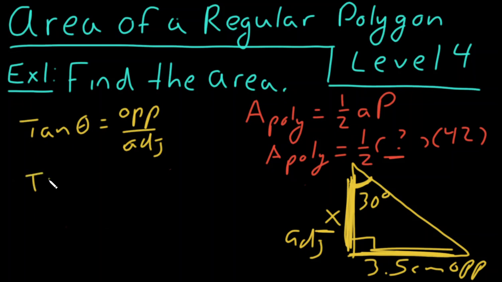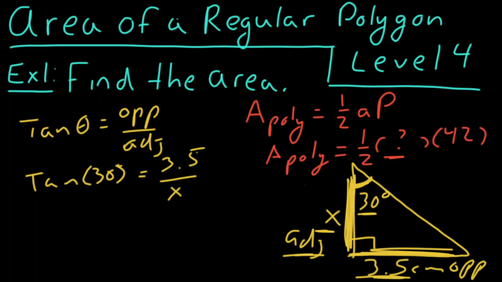So we know that when we have tangent, our theta is always going to be our angle. So we have tangent of 30 degrees is equal to, and we said our opposite was going to be 3.5 over our adjacent, which is x. Now, whenever we have these trigonometric functions and our variable is on the right-hand side in that fraction, we're always going to multiply by the bottom of the fraction or the denominator.